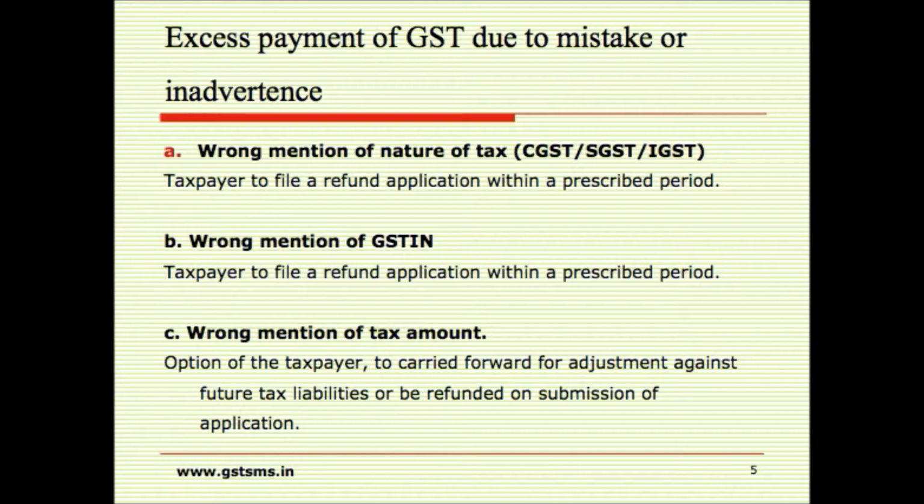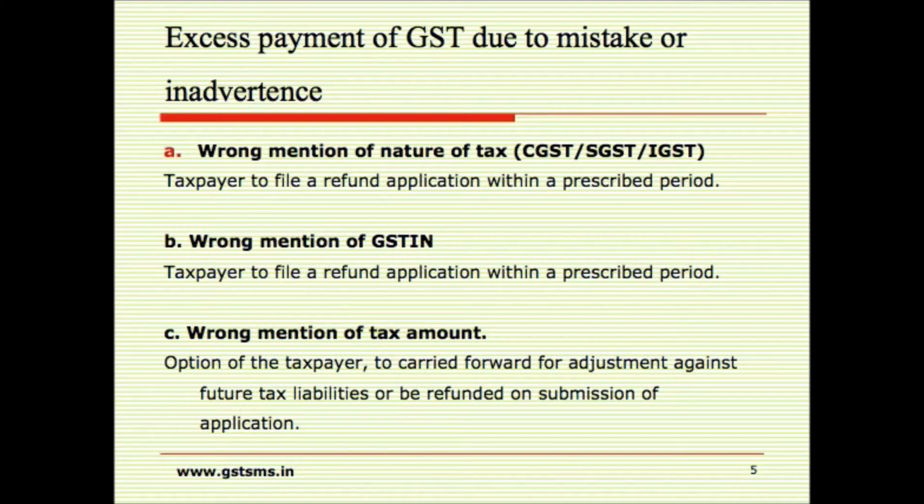Wrong mention of GSTIN. My dear friends, GSTIN is the GST registration number. In case the taxpayer mentions a wrong GST registration number while making a payment, then such a mistake can also be corrected with the help of a refund application within a prescribed period.